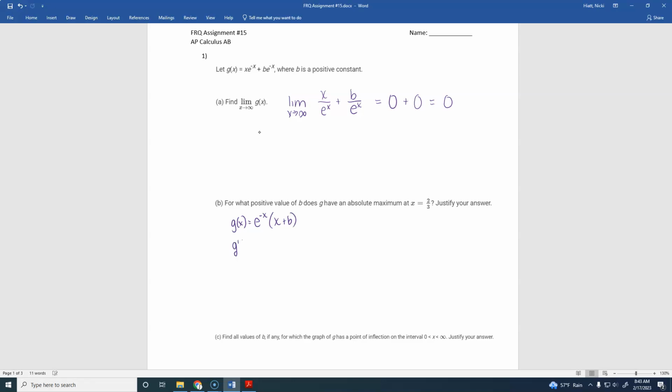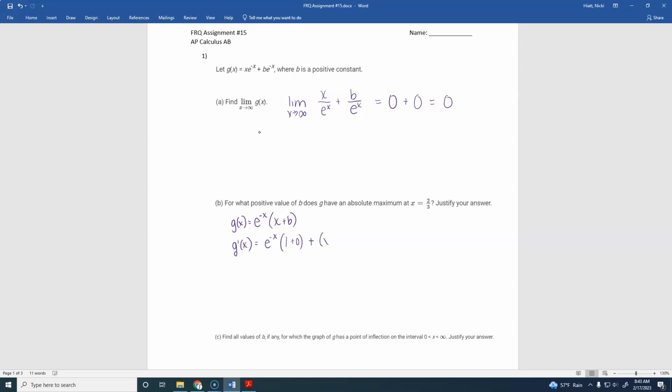So g prime of x would be e to the negative x times, you got the derivative of x plus b. Derivative of x is just 1. The derivative of b, because b is a constant, is 0. I'm going to write it just so you guys are with me, but you don't have to write it.